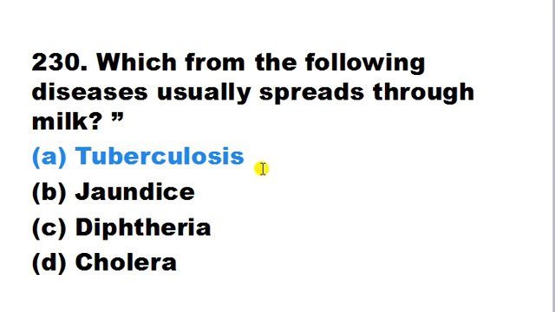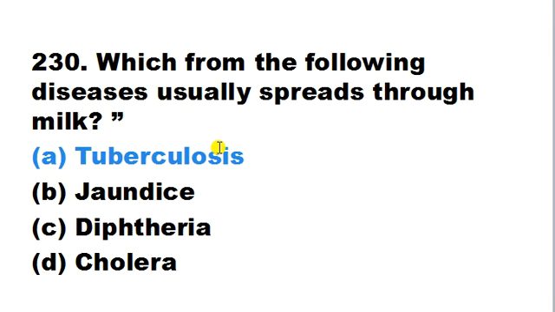So basically cattle are infected by M. bovis, a species of Mycobacterium tuberculosis bacteria. They further infect human beings if humans consume that unpasteurized milk produced by the infected cattle. So it's a disease that is spread through milk. Tuberculosis is the correct answer.